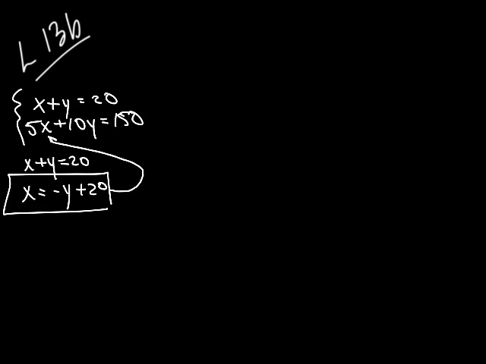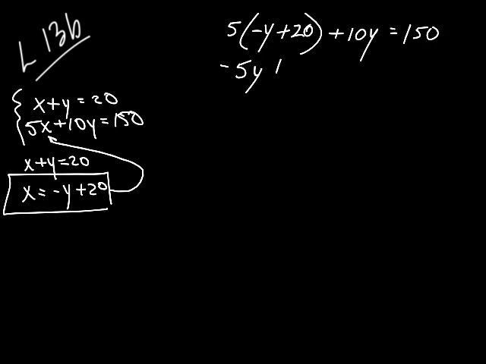its place. So if we go back up there to the top, I've got negative 5 times negative y plus 20 plus 10y, this is the second equation, remember, equals 150. Use my distributive. Okay, combine what I can.